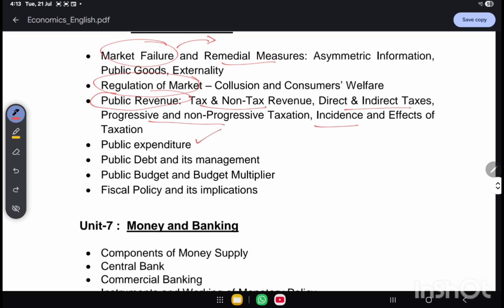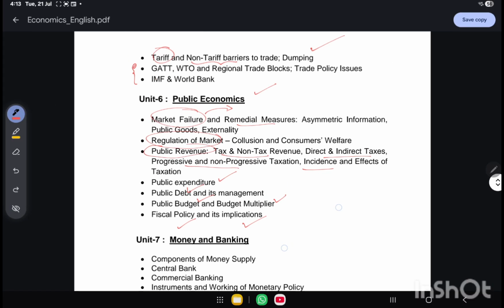Related to public expenditure, public debt, how we are going to manage that public debt, the public budget, how the budget gets multiplied, and what fiscal policy is and the implications of fiscal policy.